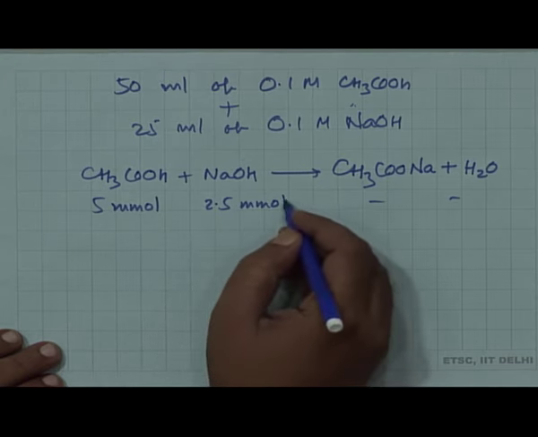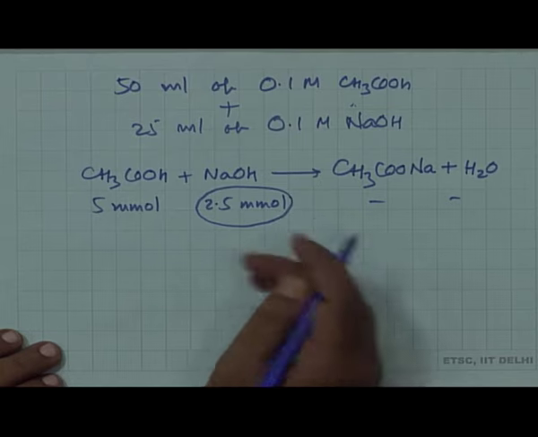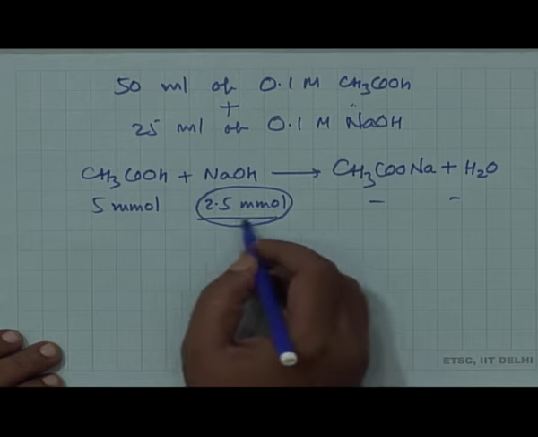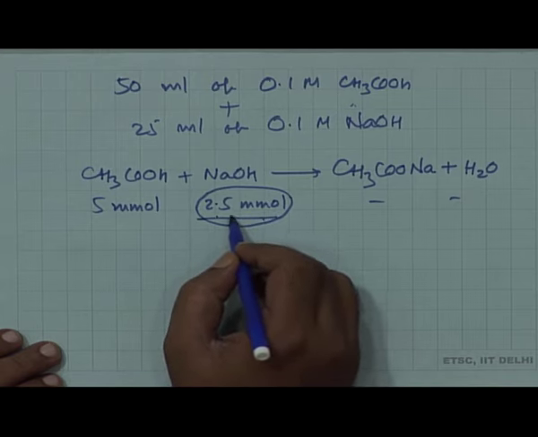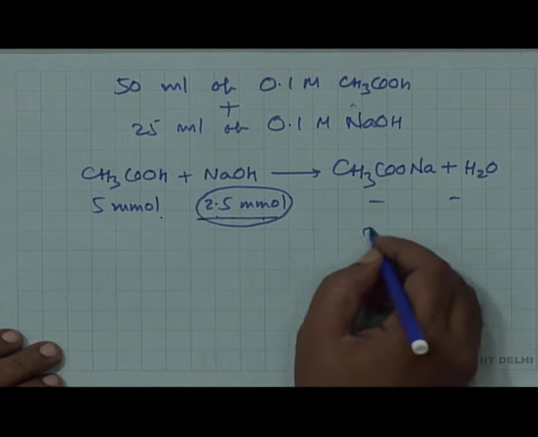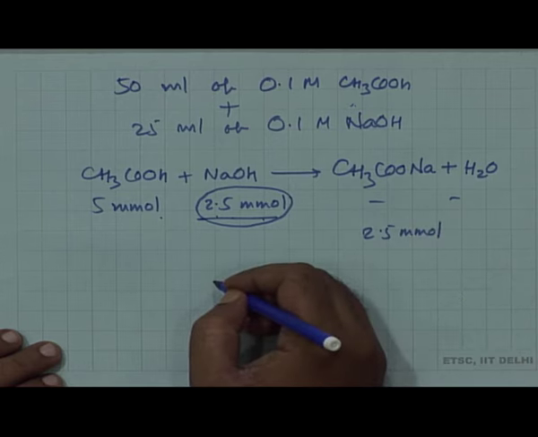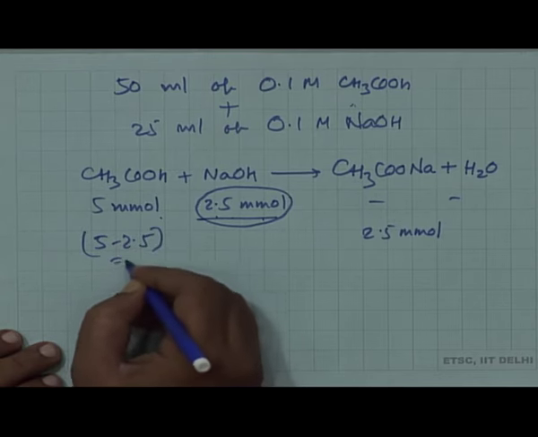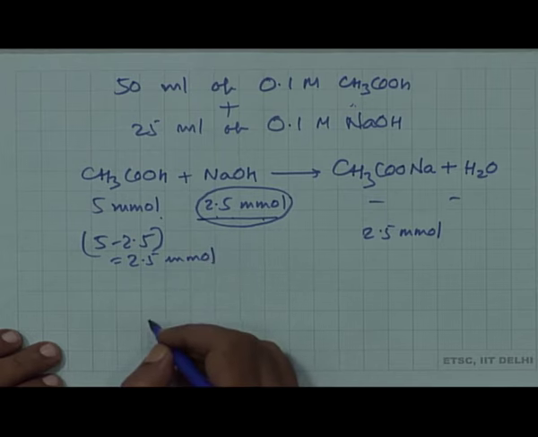Suppose reaction happens, all your NaOH will go to salt, and since this is the limiting reagent, you have 2.5 millimole of NaOH, it will interact with 2.5 millimole of acetic acid to give you 2.5 millimole of sodium acetate. And what is left is 5 minus 2.5, equal to 2.5 millimole of acetic acid.